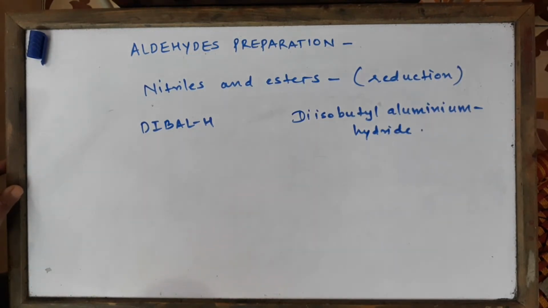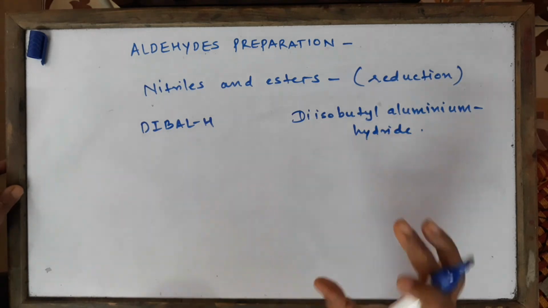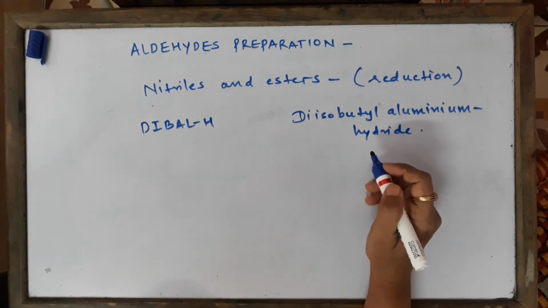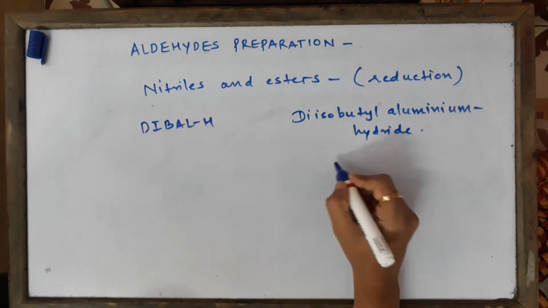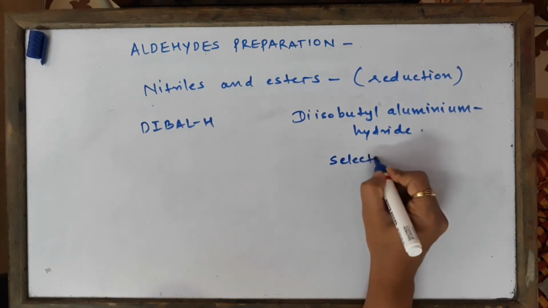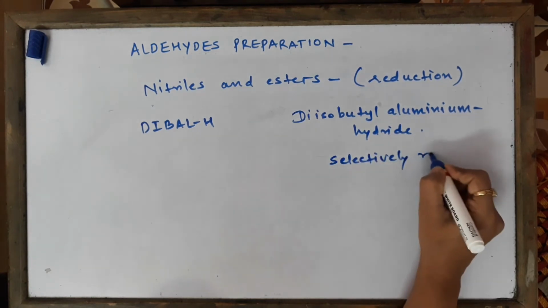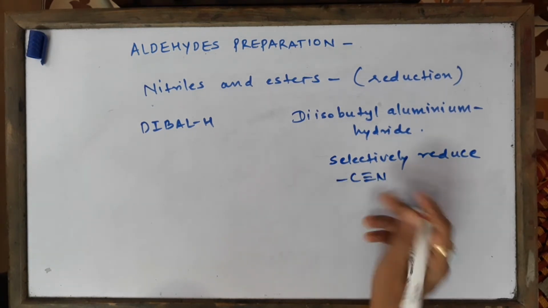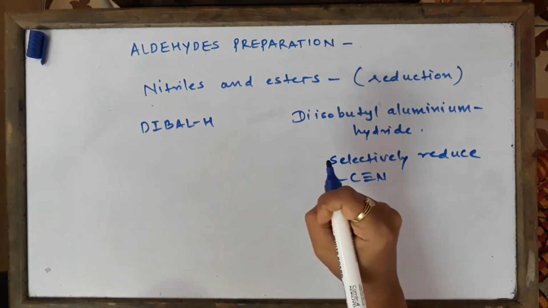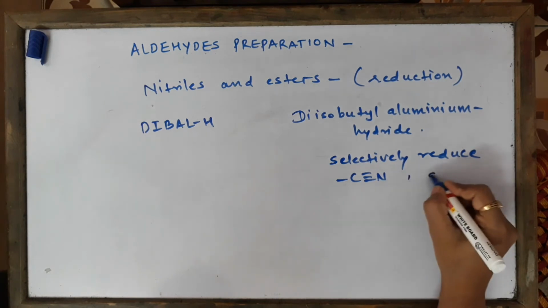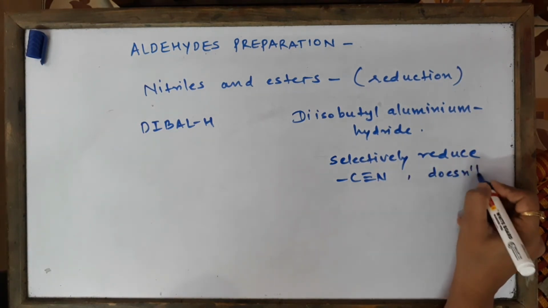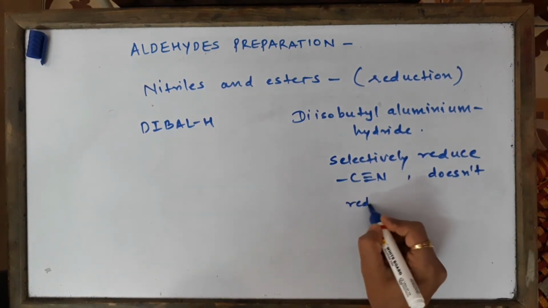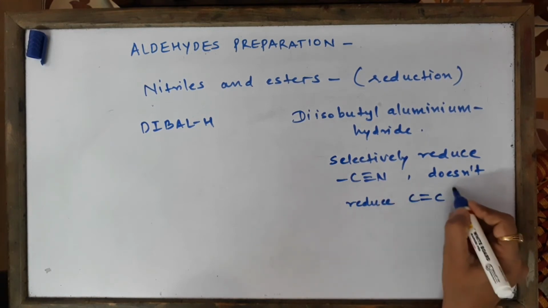It's a very bulky and strong reducing agent, and it is very selective. It is going to pick up the nitrile functional group and reduce that only, and it is not going to reduce C double bond C or C triple bond C.